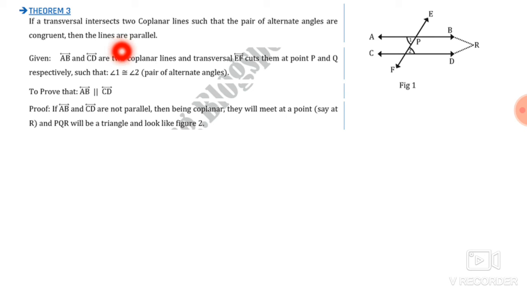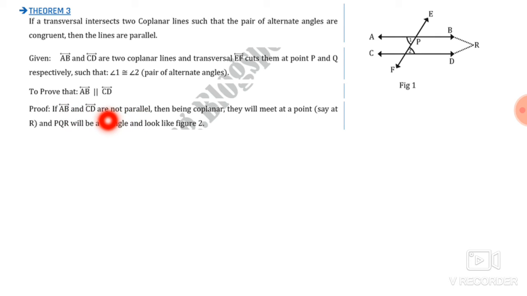We have to prove that the lines are parallel, but we have supposed that the lines are not parallel. If lines are not parallel, then they must be intersecting. We have only two options: either the lines are parallel or the lines are intersecting. So we have considered that the lines are not parallel.